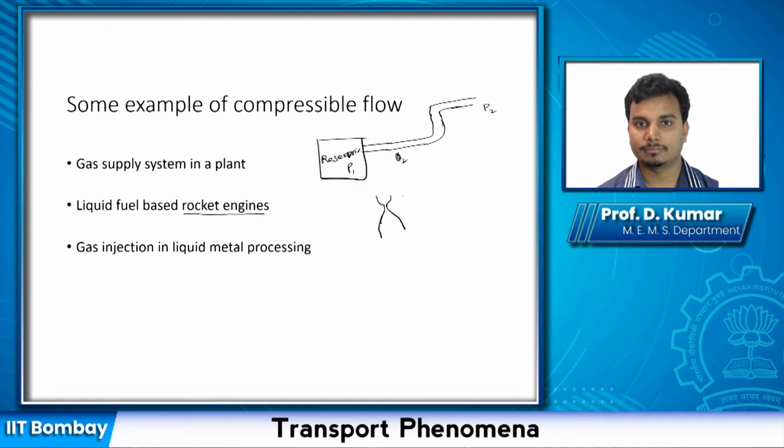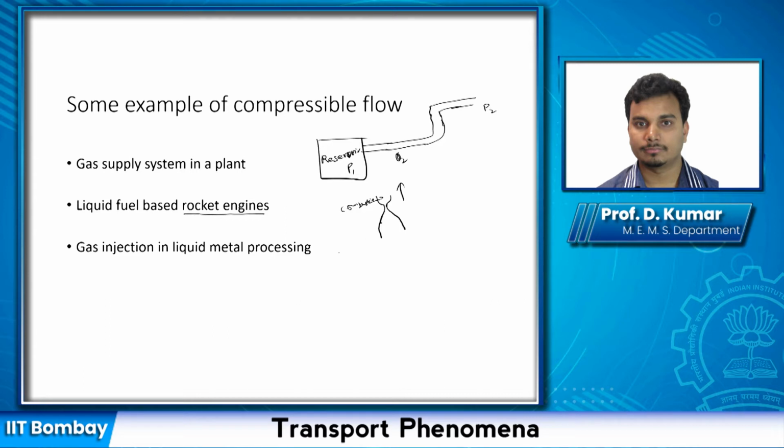It could further carry a space shuttle. But this is what happens here. You have combustion, and the gases, the products of the combustion, actually go through this section, and you will see why this section is very important.